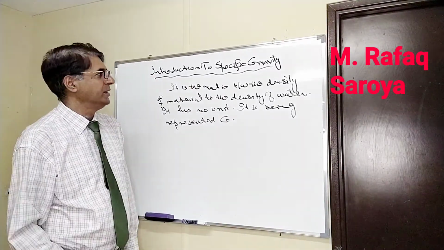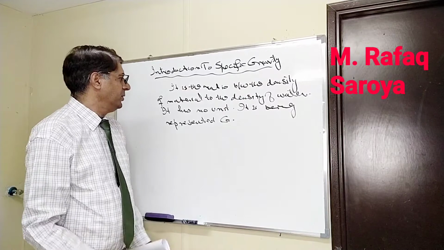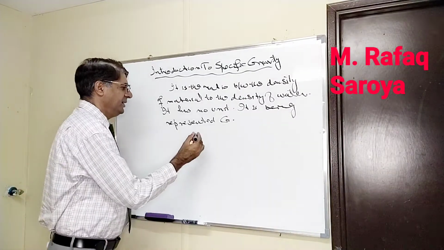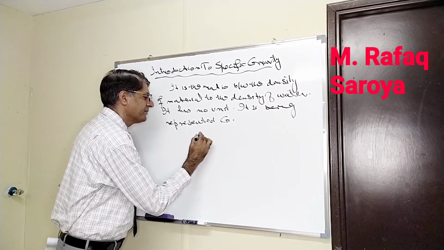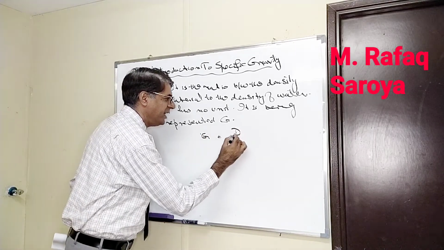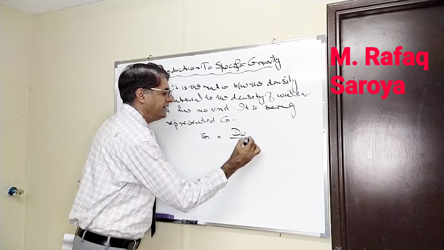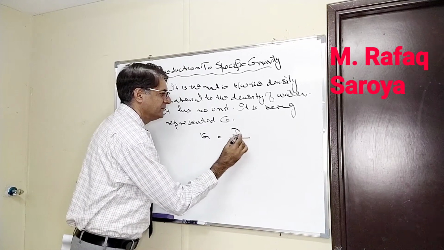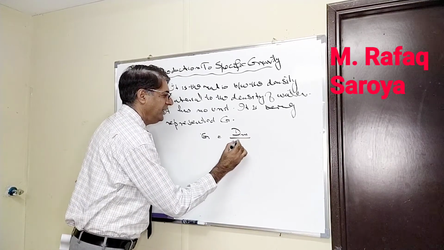Now, according to this definition, we can write that G is the ratio between the density of the material and the density of water.